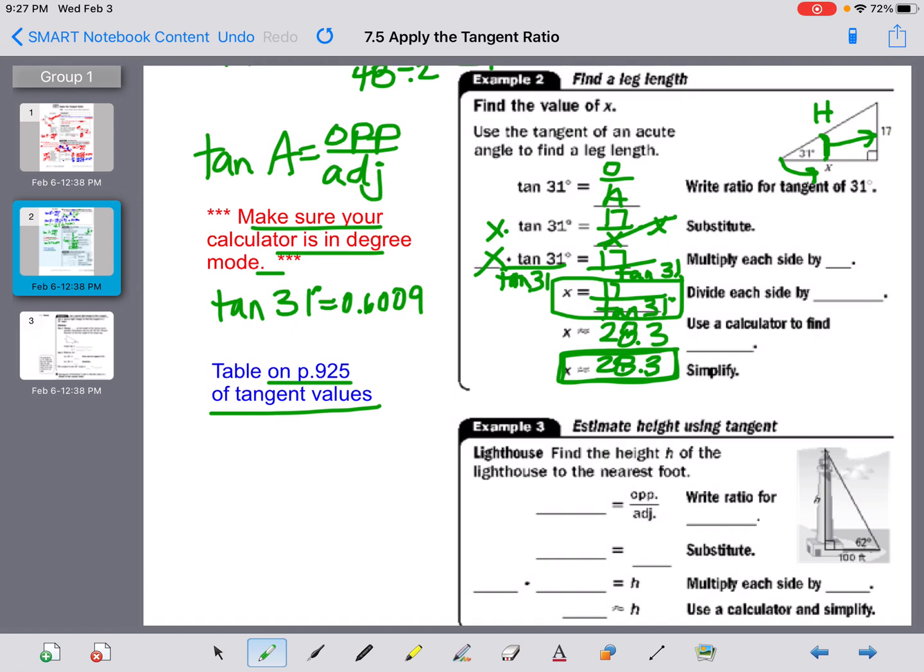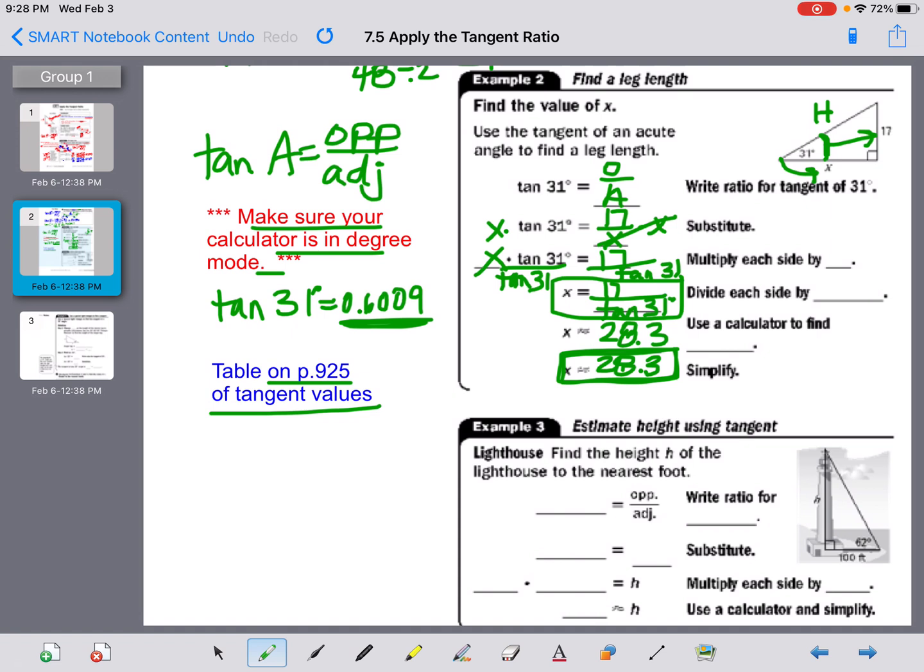I find that number in the back of my book on the chart, and I go 17 divided by 0.6009 and hit enter. I still get that 28.3. In your work, the work needs to have 4 decimal places. In your final answer, you're welcome to put just 1.